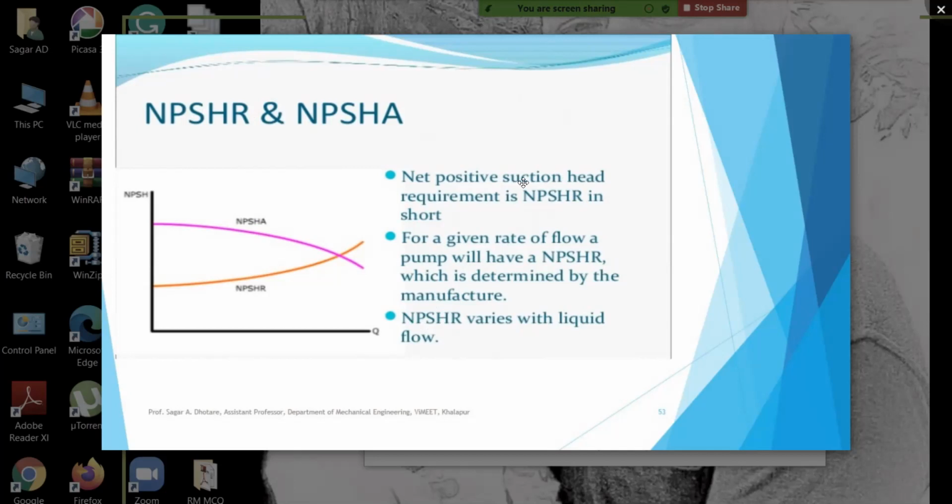Now you can look at the graph where NPSHA and NPSHR are both plotted. What should be required in actual practice, and how it behaves in actual working condition, is shown in two different colors.